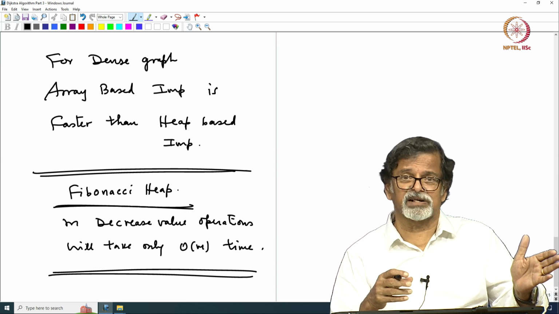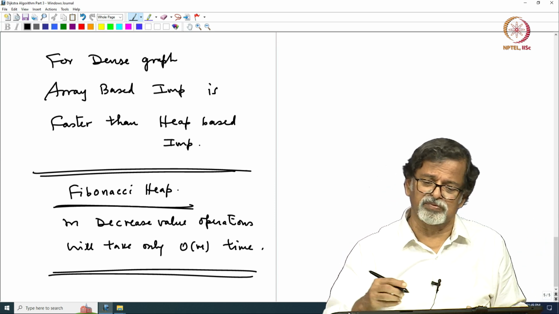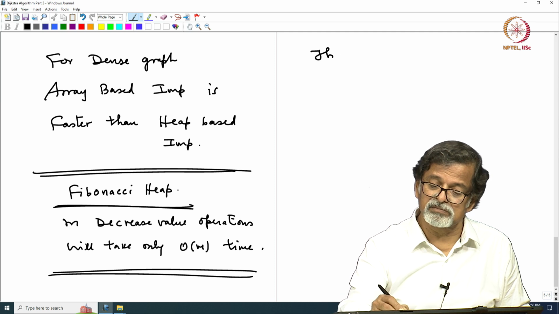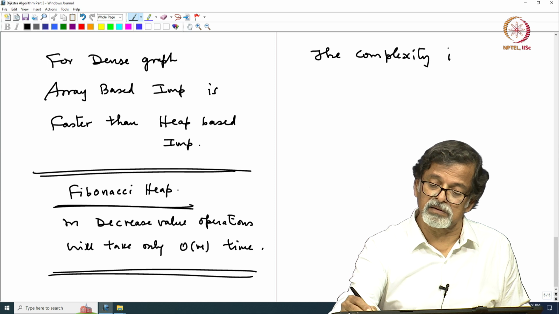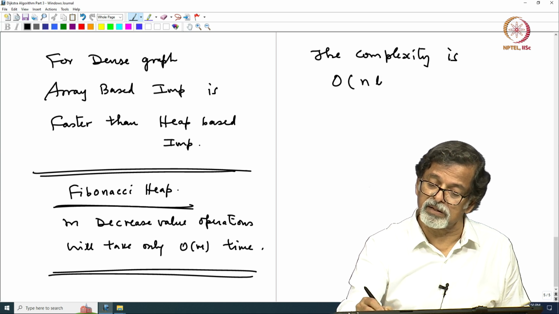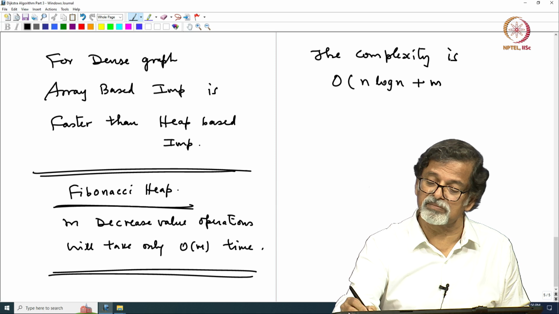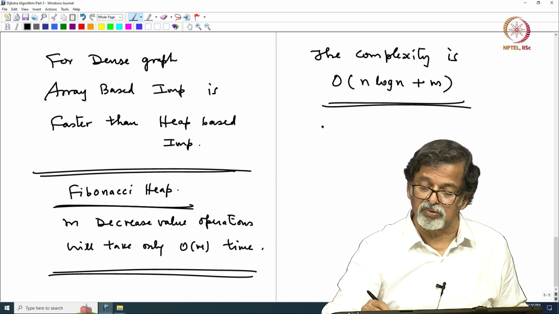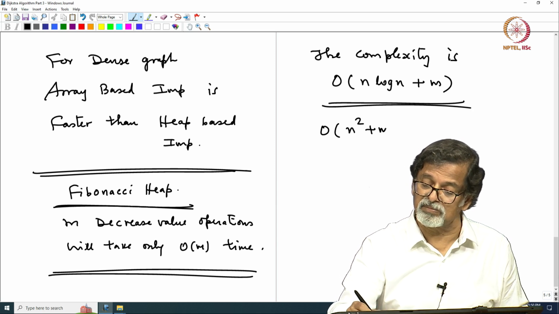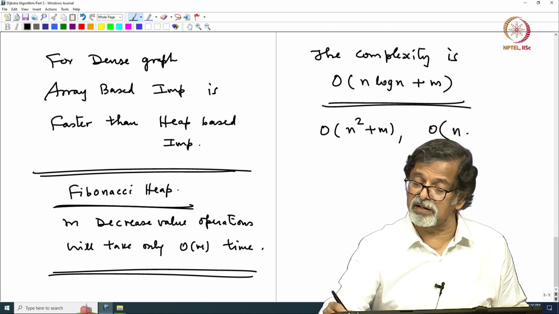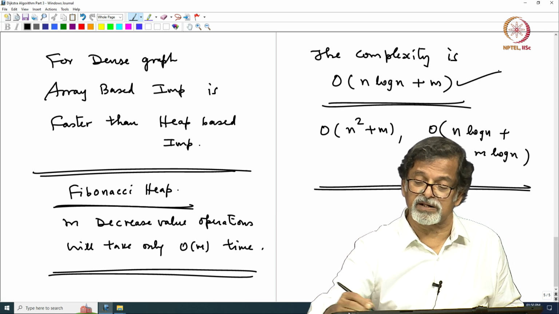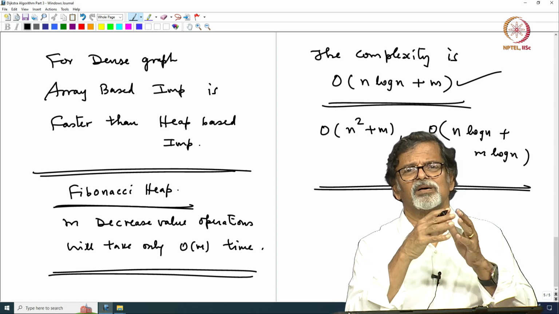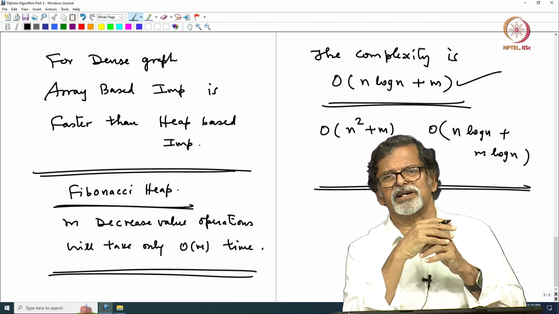The other complexity is n log n, much like heap. Therefore, in Fibonacci heap, the complexity will be order n log n plus m. This is better than both order n square plus m and order n log n plus m log n. Definitely this is better than both. It is a complicated and fairly advanced data structure.